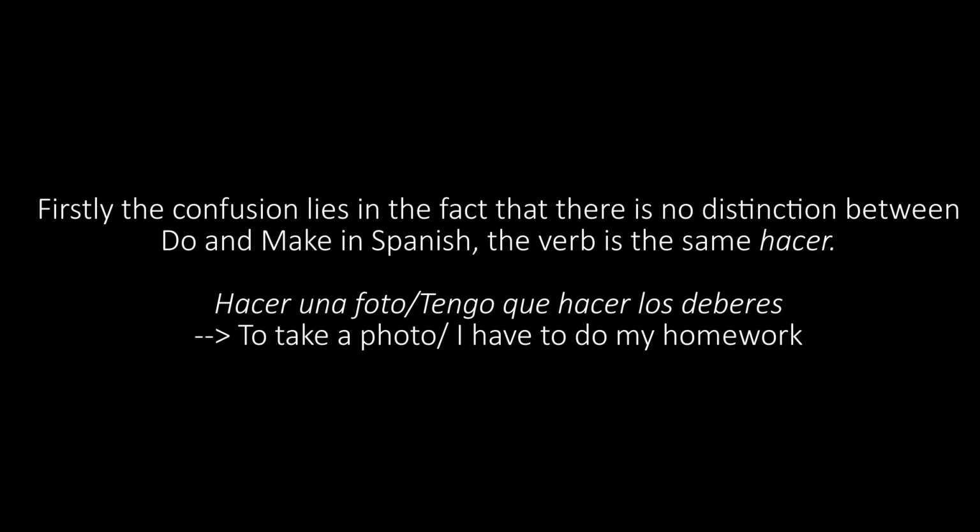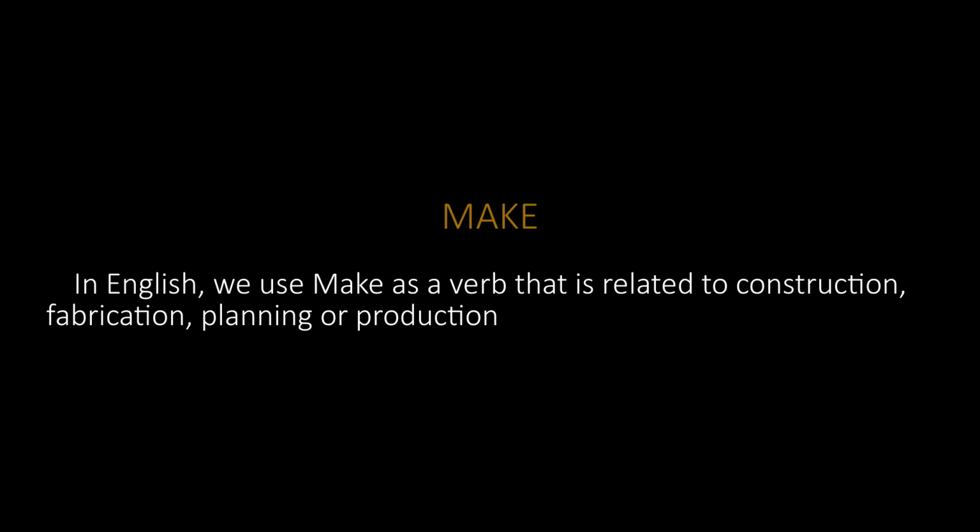Okay, so what can we do? Well, let's have a look then at the basic differences between the two so that we have a basis to work from. Okay, so make. In English, we use make as a verb that is related to things like construction, fabrication, planning, or production.